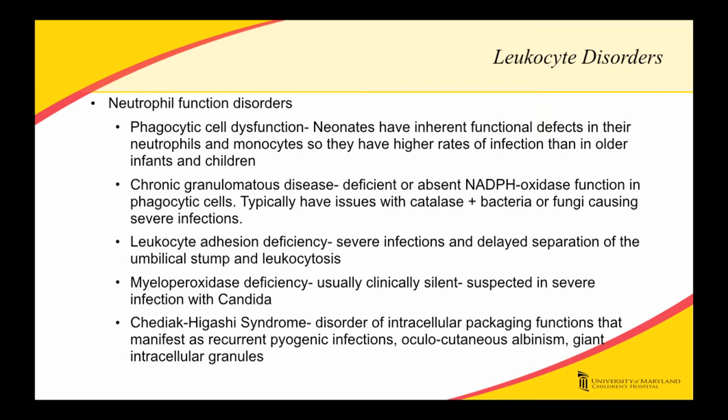Myeloperoxidase deficiency is usually clinically silent and suspected in severe infection with Candida. And then Chediak-Higashi syndrome: they have very large intracellular granules, and they can have oculocutaneous albinism and recurrent pyogenic infections. You can actually make the diagnosis off of a peripheral blood smear.